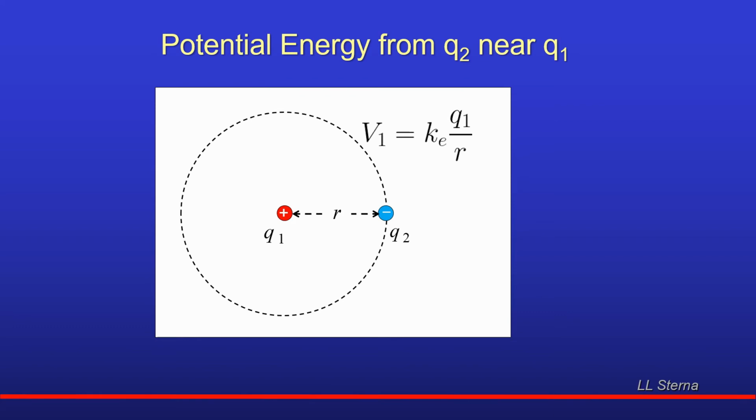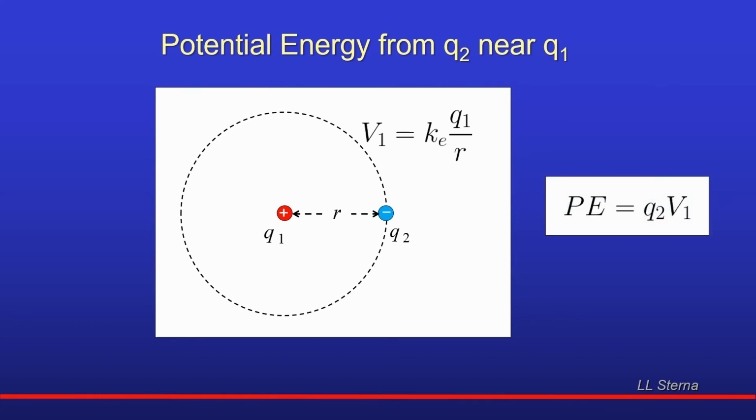Q2 is now sitting in the potential of Q1. This results in a potential energy given by the formula Q2 times V1. Potential energy associated with a charge sitting in a potential. Notice if you plug in the equation for V1, the equation you'll get for potential energy will be K sub E Q1 Q2 over R.